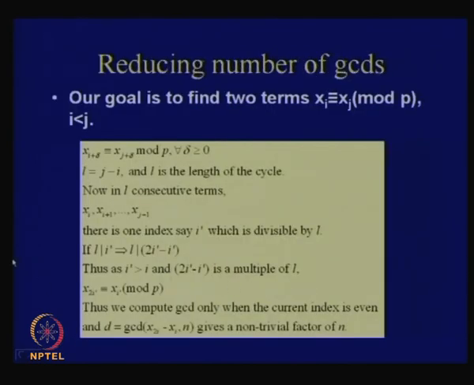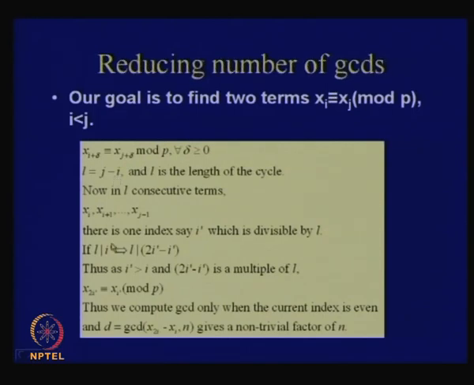So now our goal is to find 2 such terms for which xi and xj are congruent to each other modulo p. Okay. And what we have seen is that if xi and xj are same modulo p, then xi plus delta is equal to xj plus delta modulo p for all delta greater than or equal to 0. Okay. So now suppose j minus i is equal to L, which means that L is the length of the cycle.